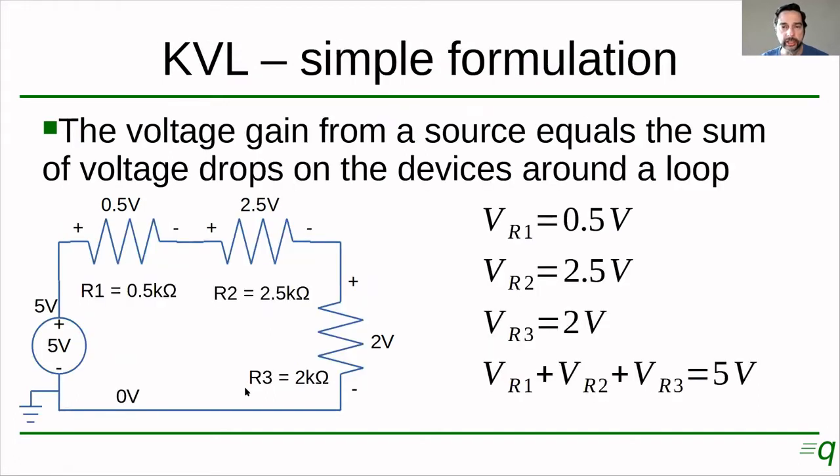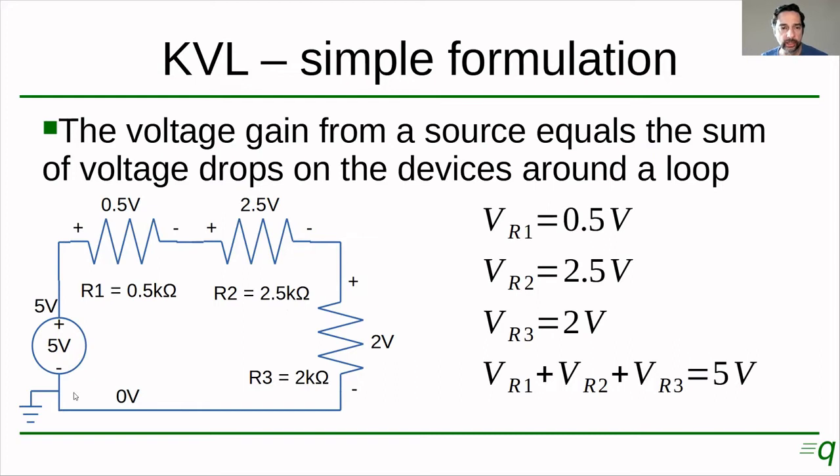There might be an easier way to state this voltage law. The voltage gain from a source equals the sum of voltage drops on the devices around the loop. What does this mean? So we have a loop here. And let's start at this point, which is ground, which is convenient.